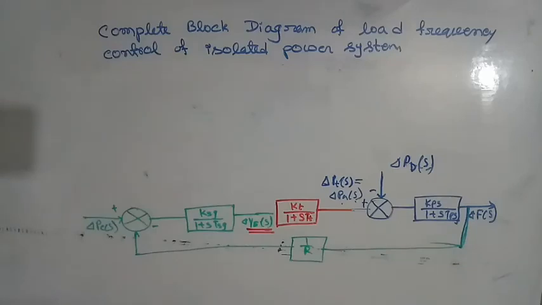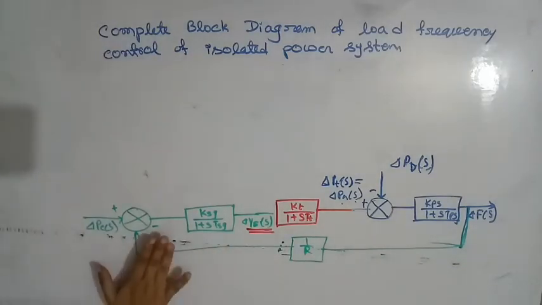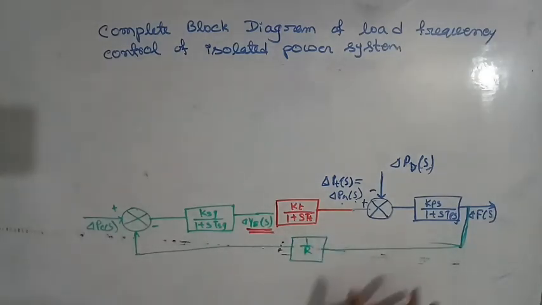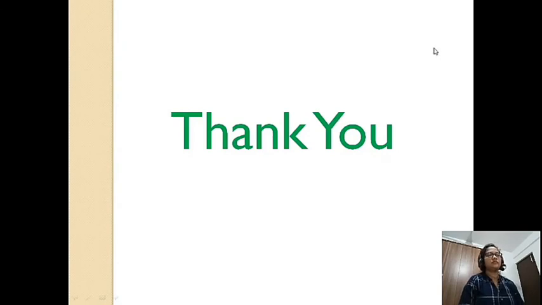This green portion is the speed governor model, this red portion is the turbine model, and this blue portion is the generator load model.